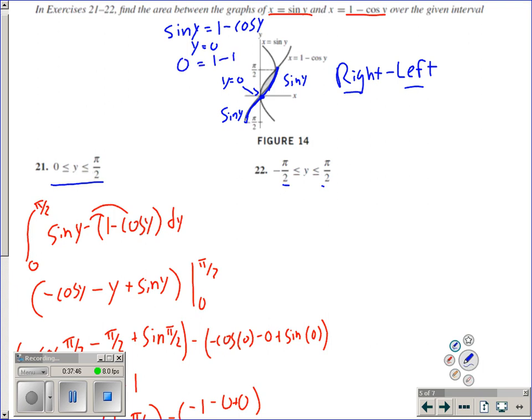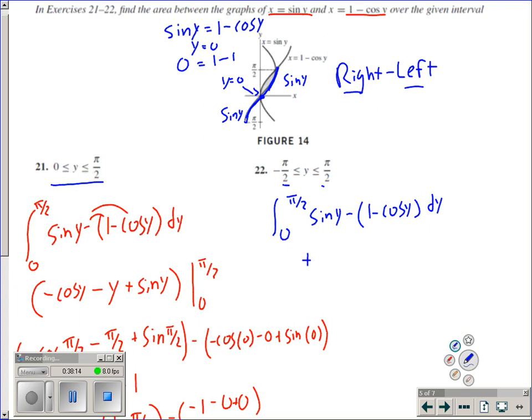Okay? So in this case, the sine function is only the right function whenever we are from 0 to pi over 2. So it's the integral from 0 to pi over 2, okay, of my right function sine of y minus my left function 1 minus cosine of y dy.